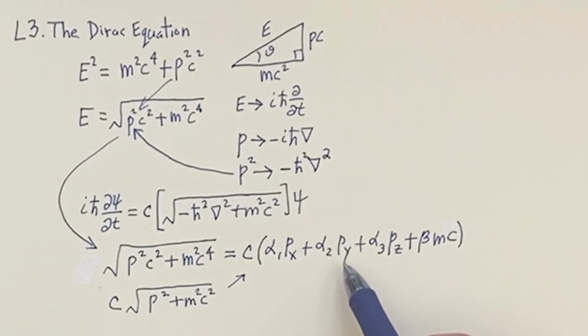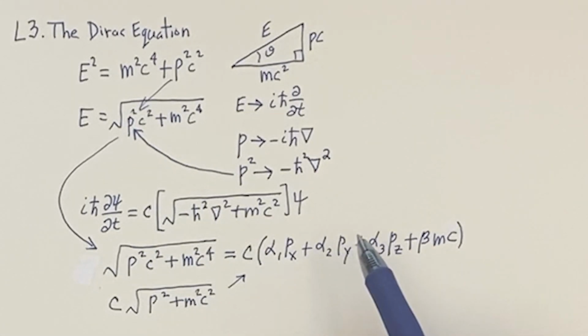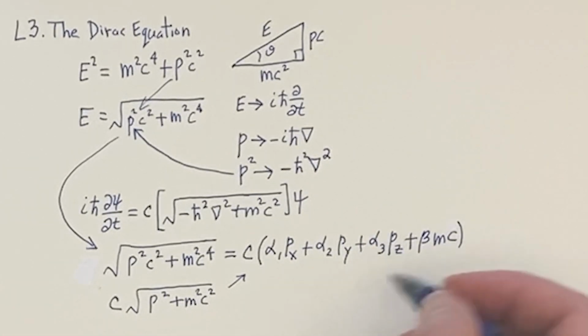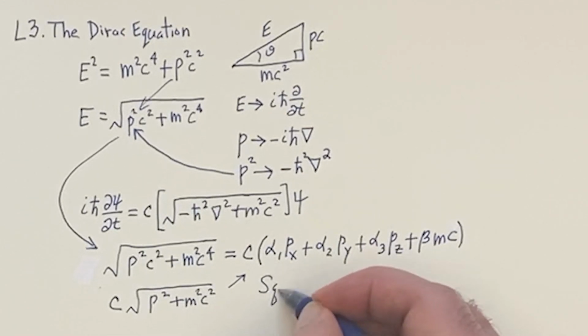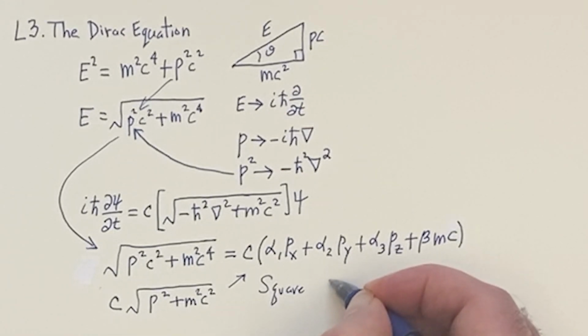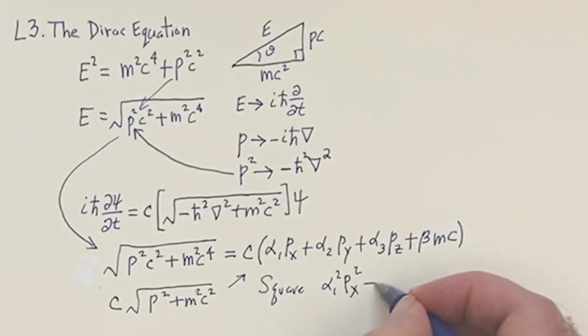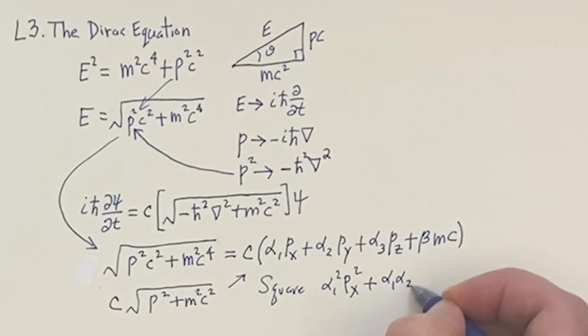So let's look at this. If you take this thing and square it, you would in principle get this, but this is nowhere near regular algebra. If you square that thing the regular way, you'll have stuff like cross terms, and you get two of those, say px and py.